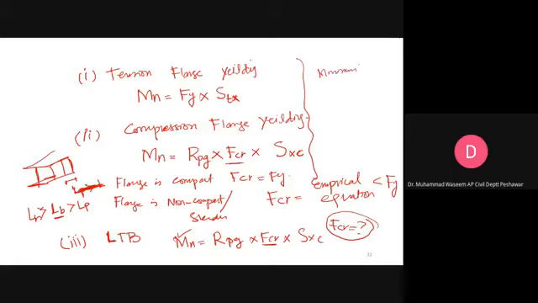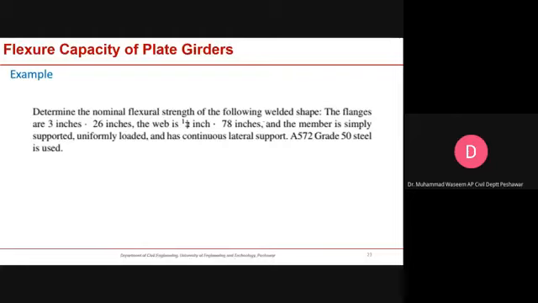Whichever is giving the least value, that would be your flexure capacity of the plate girder. In order to demonstrate that, we have an example.